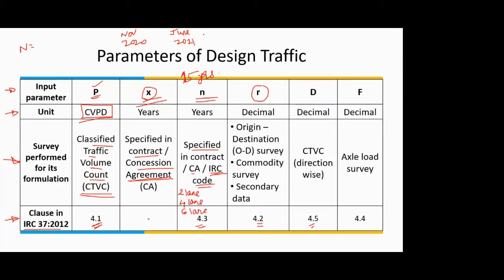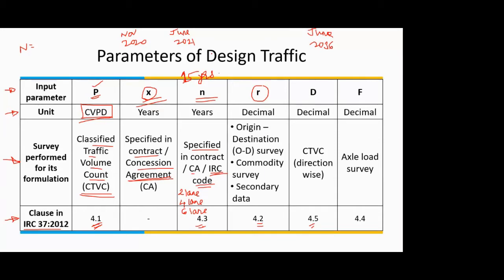And I have designed this road to sustain it for, say, the next 15 years. So from June 2021 to the next 15 years, it will be 2036. Okay, so till June 2036, that road is going to serve the purpose for whatever it is designed and constructed.